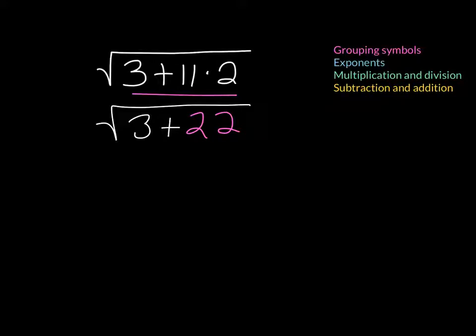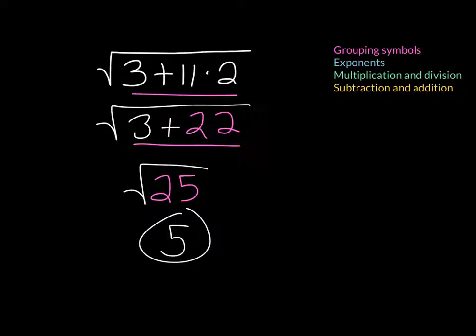Now to finish solving in the grouping symbol, or the radical, we'll do 3 plus 22, which is 25. Now all we have left to solve is the square root, and the square root of 25 is 5, because 5 times 5 equals 25.